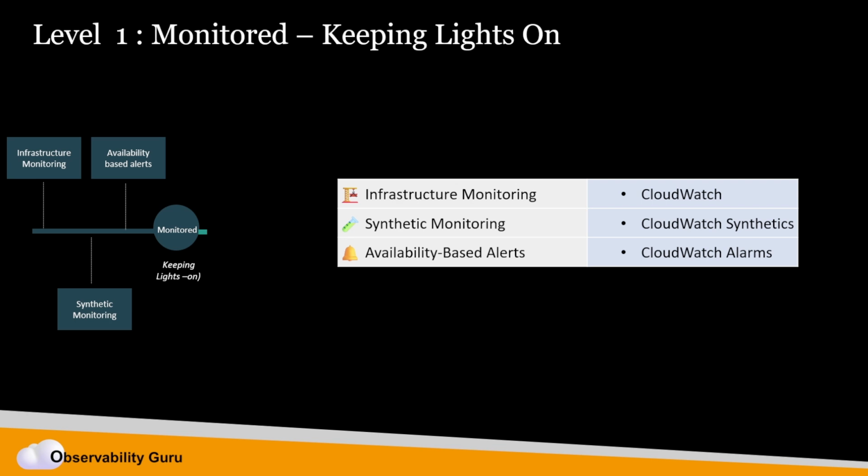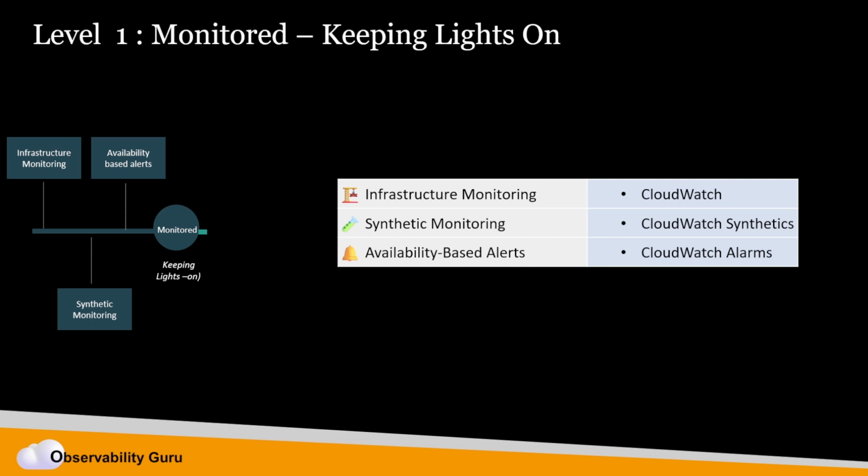So this way we are continuously simulating what a typical end user will do in your system, and in case it comes across any issues, it will alert us. So it's a great way to be a little proactive. And then we will build our monitors or alerts based on these availability-centric things.